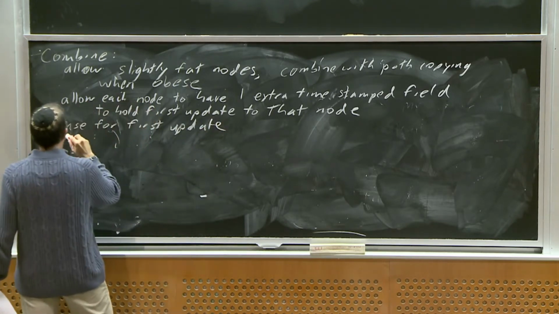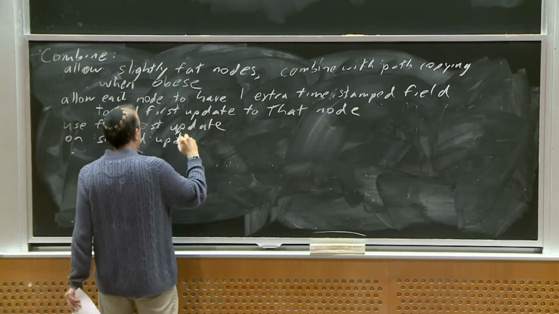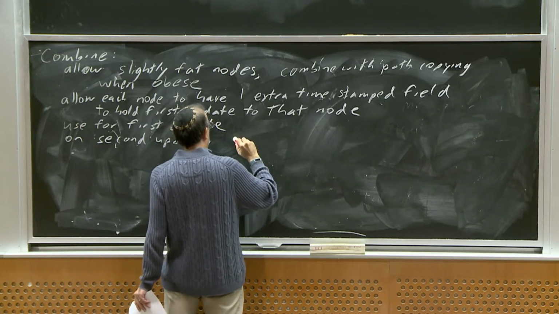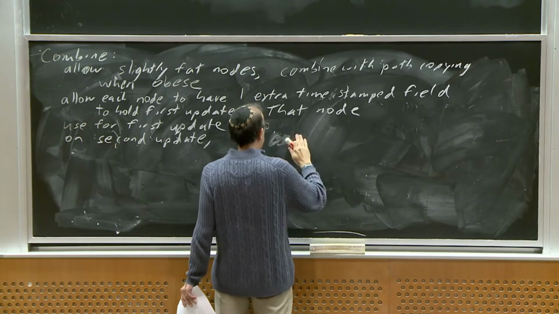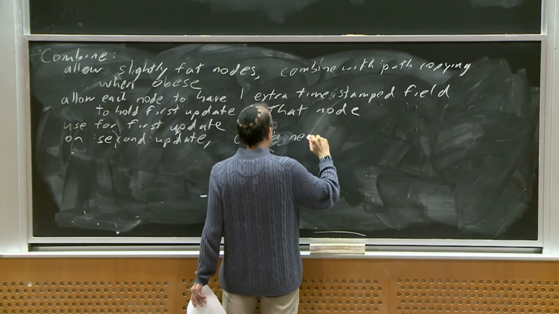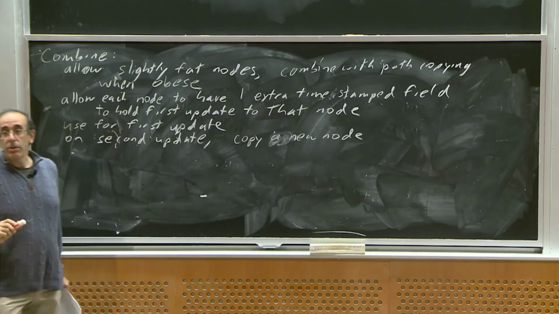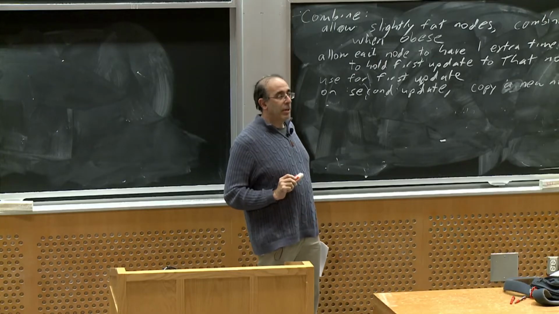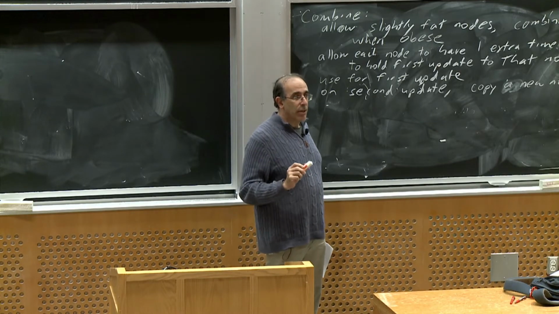But then, on the second update to this node, we will copy to make a new node. Okay. But here's what's very important. The new node, we're going to make a copy of that node to hold the updated value, but that new node is going to have a new and empty overflow field.